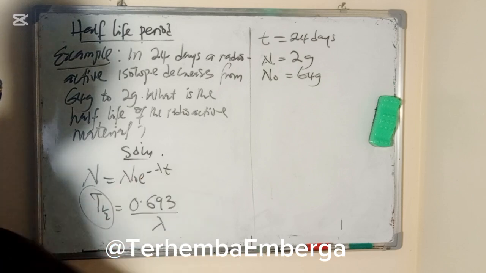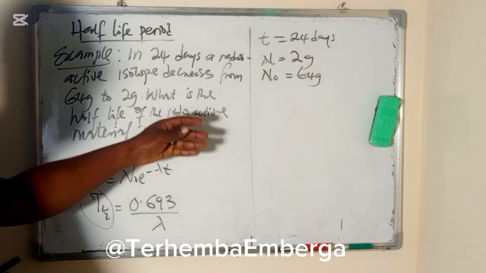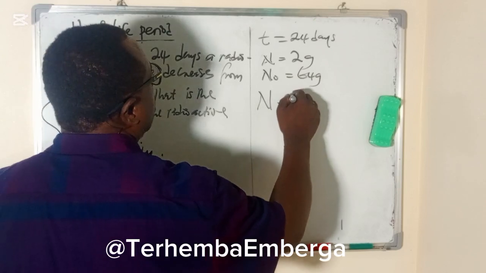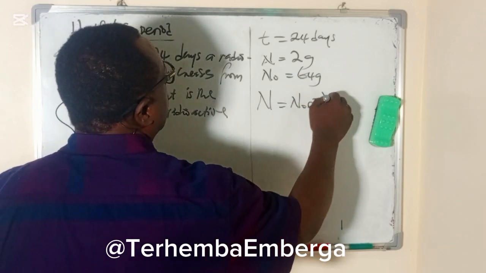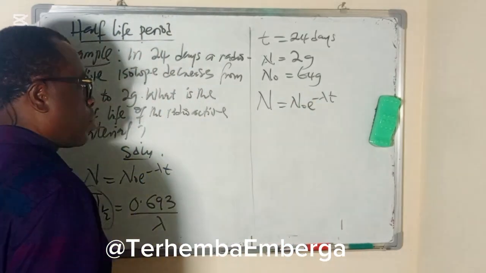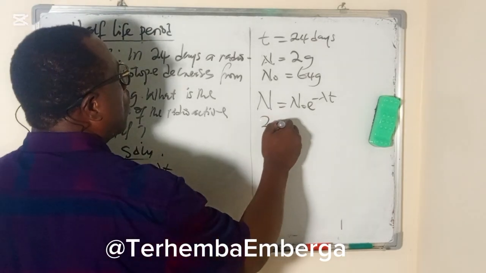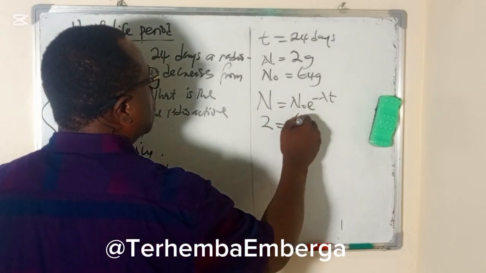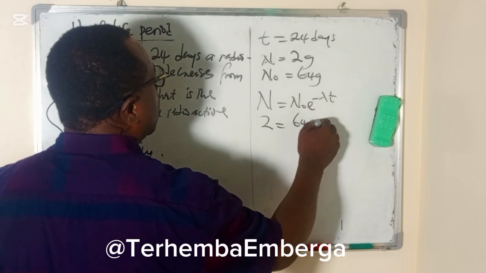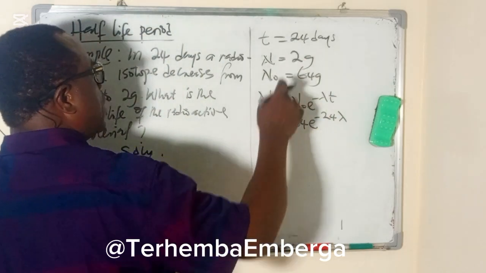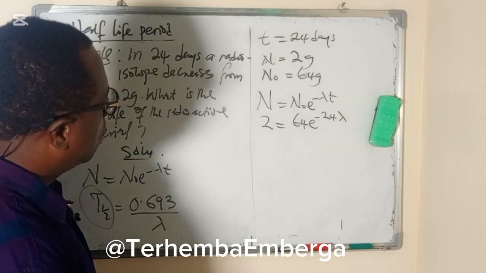So with this, we'll be able to do the direct substitution of N is equal to N naught e to the minus lambda T. So this is 2 equal to 64 e to the minus 24 lambda, because our T is 24 days.